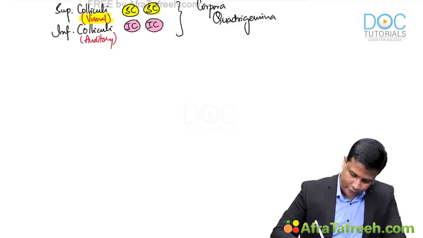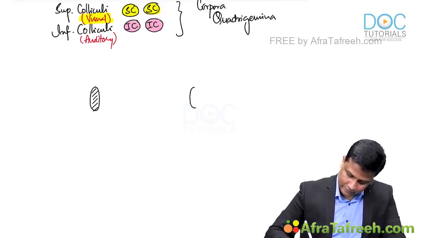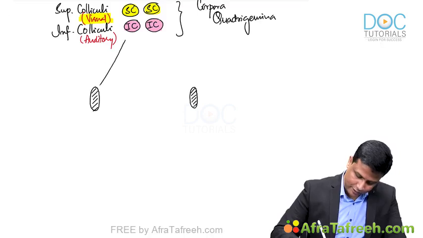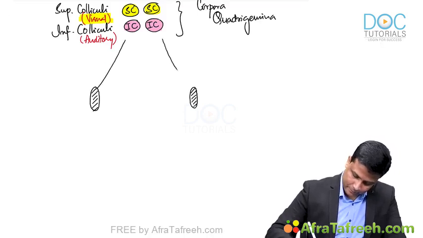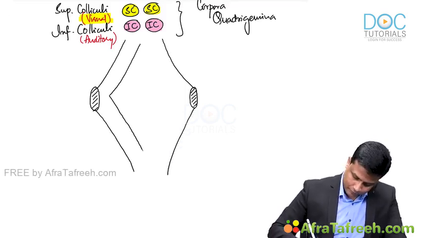So let's draw the diagram for that one. Imagine this one is your middle cerebellar peduncle on one side, and there is a middle cerebellar peduncle on the other side, and this will be the superior cerebellar peduncle from above, and this here will be the inferior cerebellar peduncle from below here. Let us just write down their names here, guys.